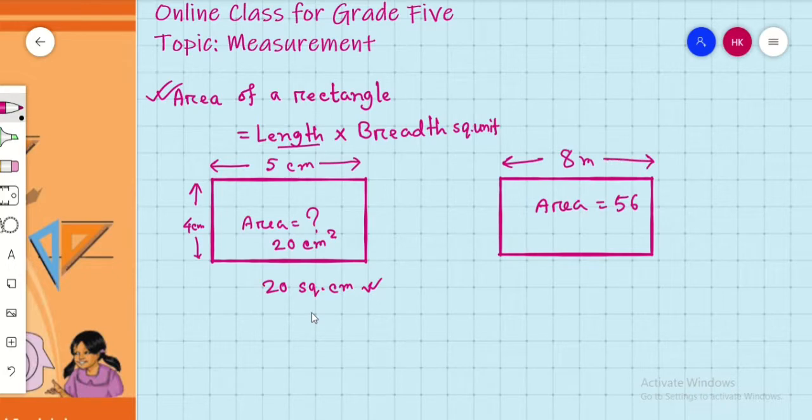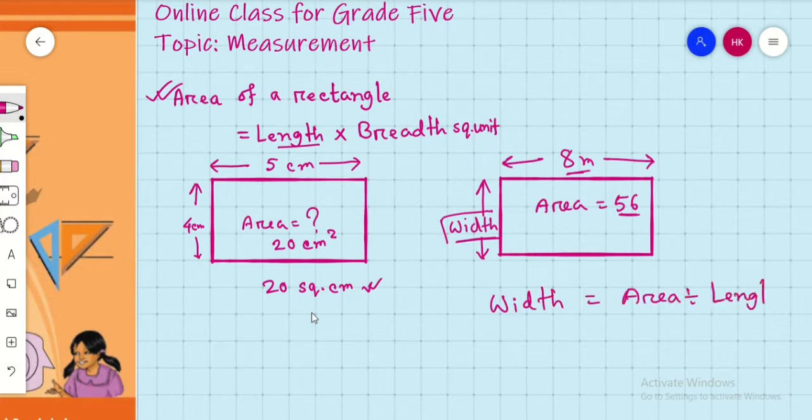So what is the breadth or width? Area is given, length is given, but width we have to find. So what will be the formula in this case? We know that if width is to be found, then area should be divided by length. Unit means only meter or centimeter.